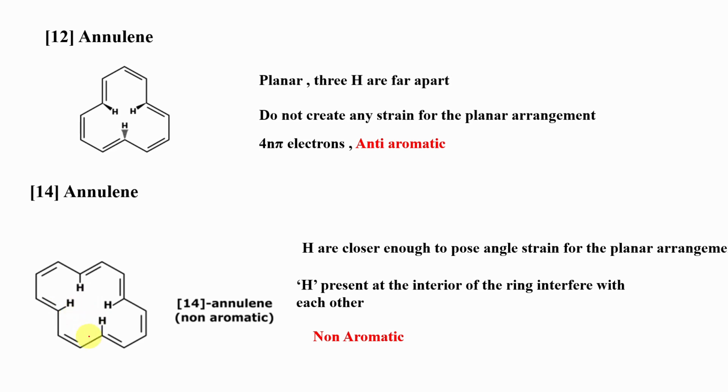So 14 annulene, even though it has a Hückel number of pi electrons, loses planarity because of the interaction between the hydrogen atoms.